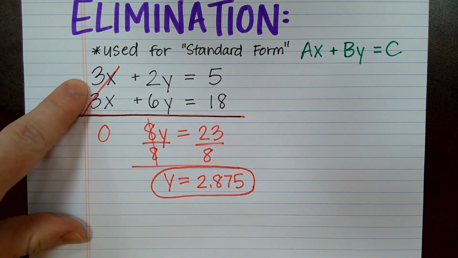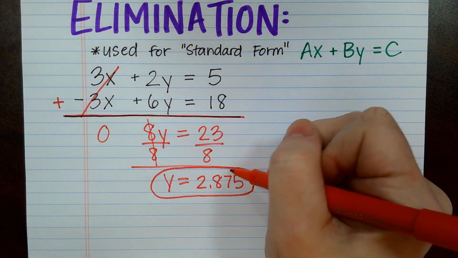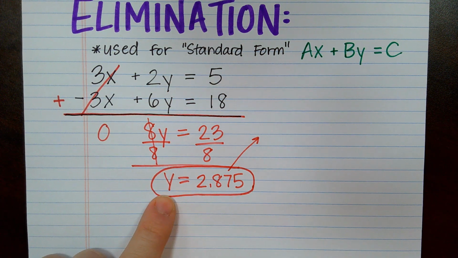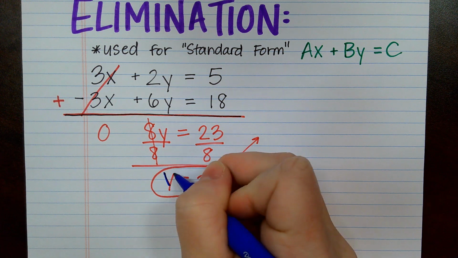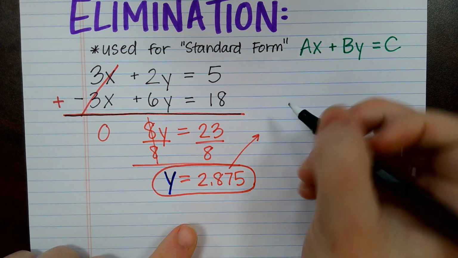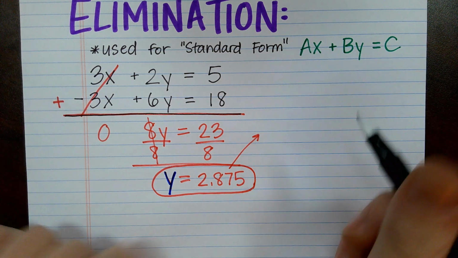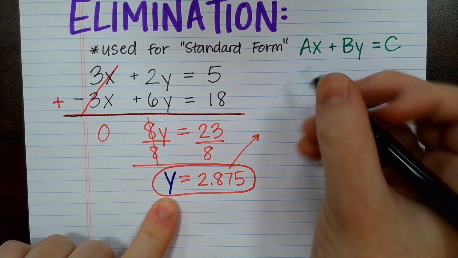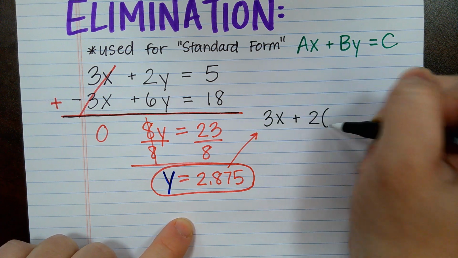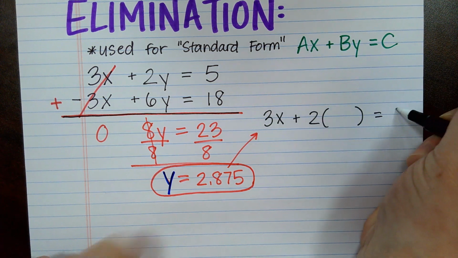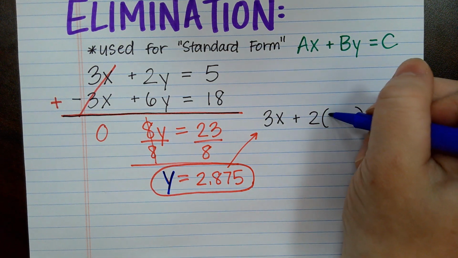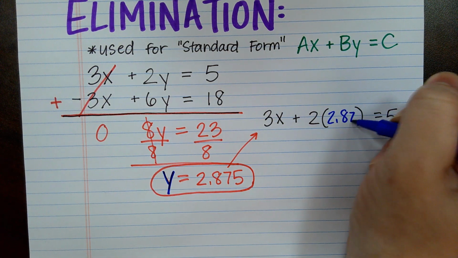Let's do the one with smaller numbers and all positives. This time, be careful. We found y first, so don't put it in for the x. We know y; we don't know x. 3x plus 2 times y equals 5, where y is 2.875.